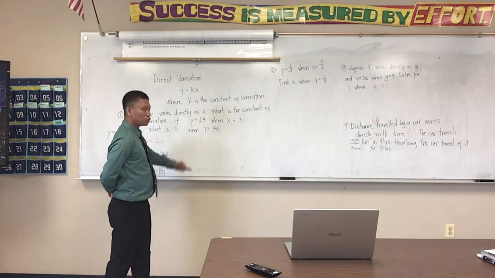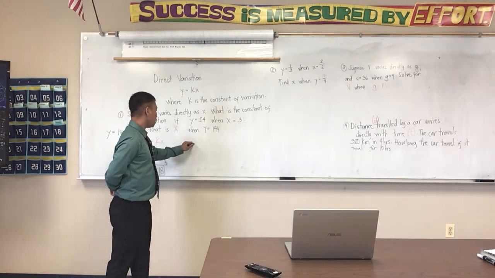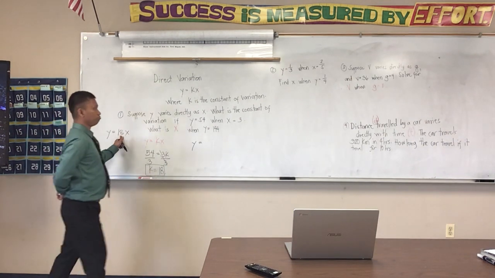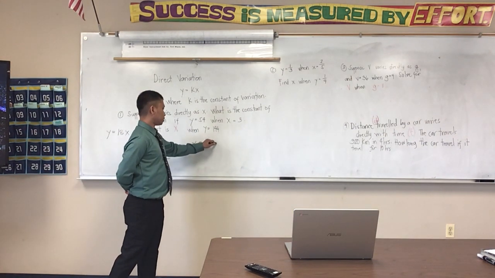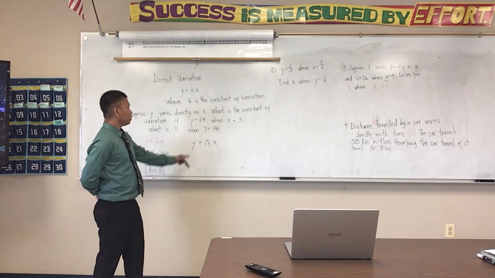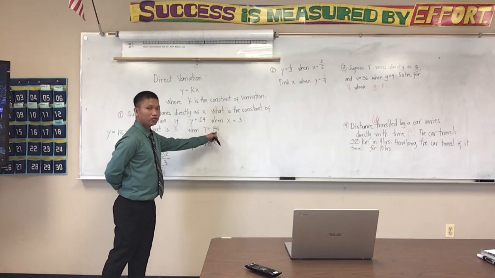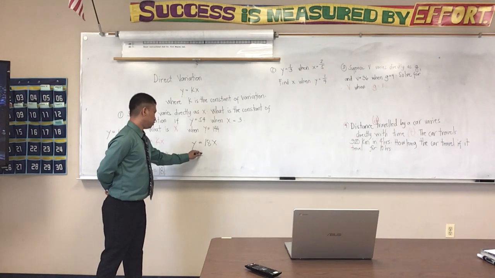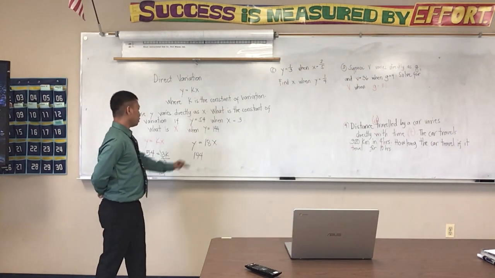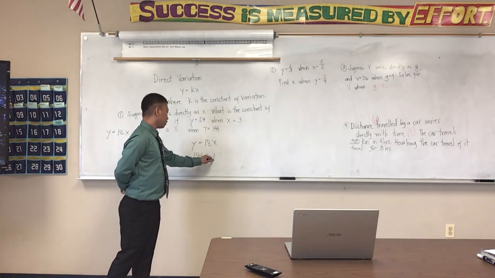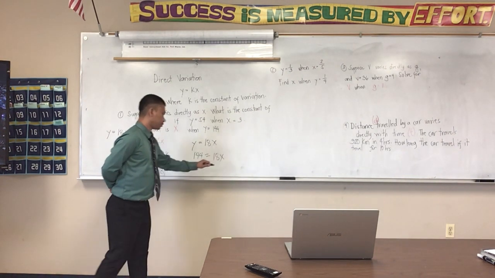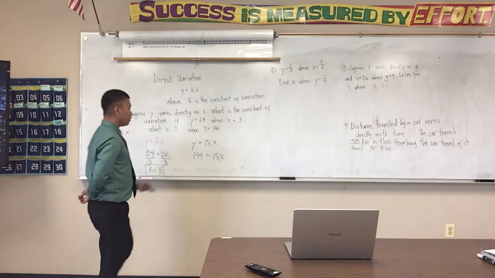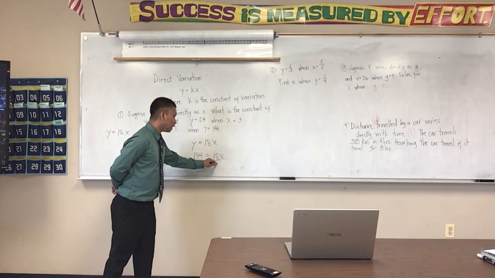We use the same equation, y equals 18x, and substitute y, so we have 144 equals 18x. To solve for x, we divide both sides by 18.